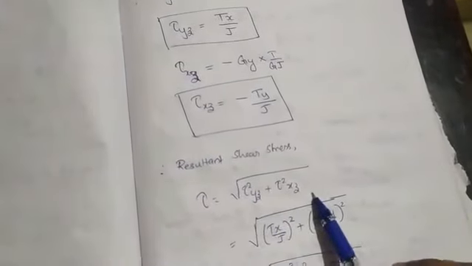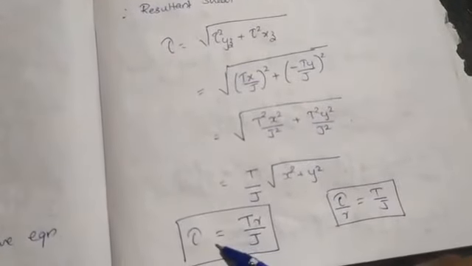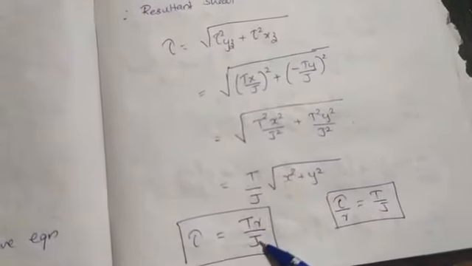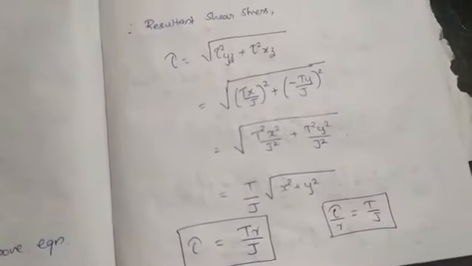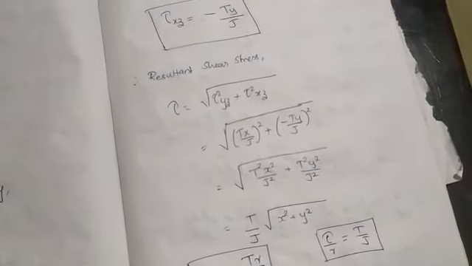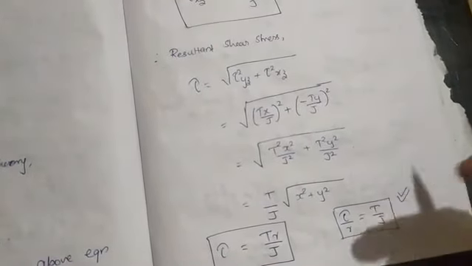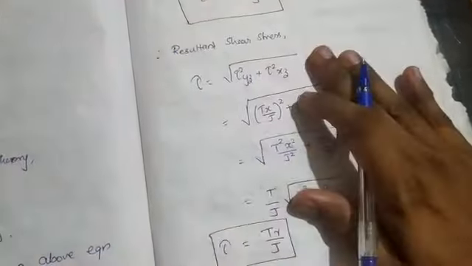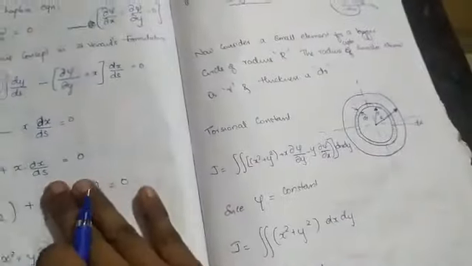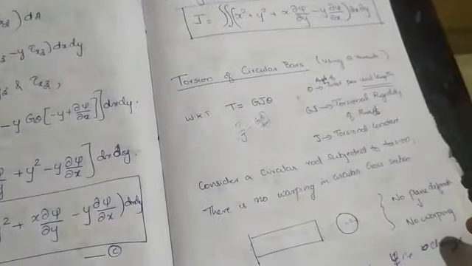You square and add, and from there you get tau is equal to Tr by J, that means tau by r is equal to T by J. This is the same equation that we solved in mechanics of solids; here we are using Saint-Venant's method to solve it. This is also important. They can ask a question like this: find the torsion of a circular bar using Saint-Venant's method.